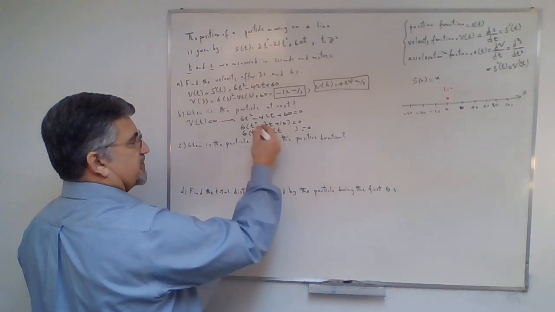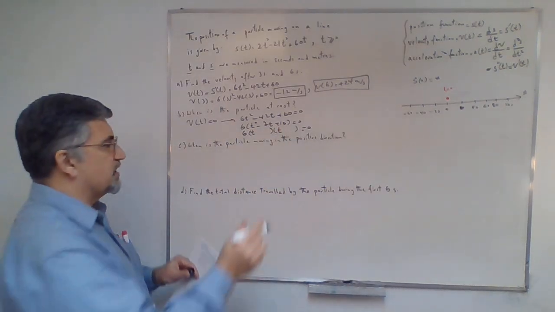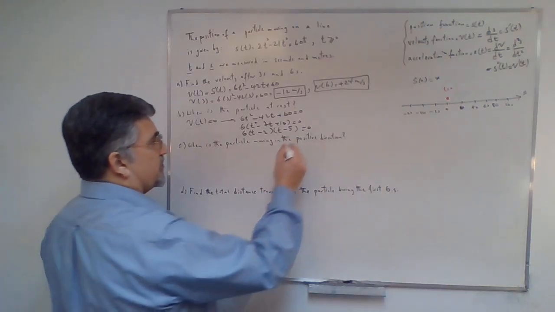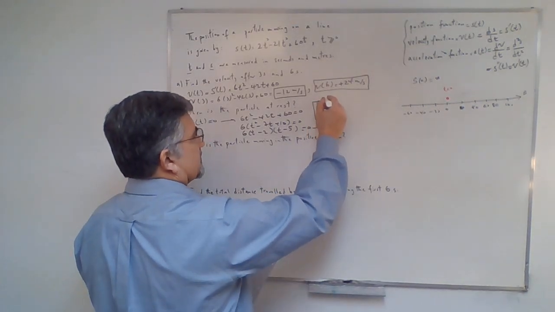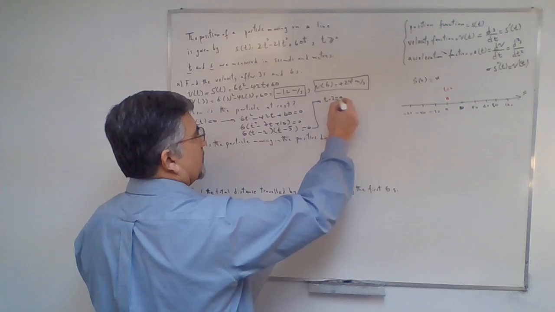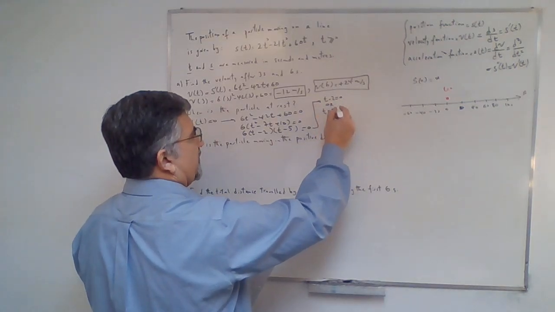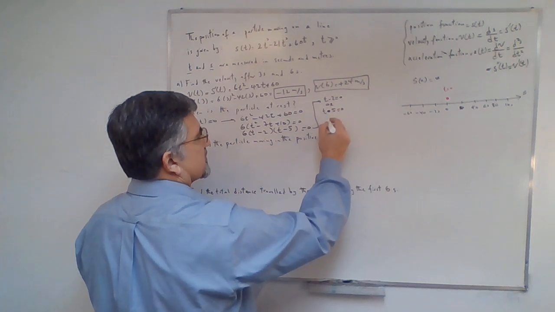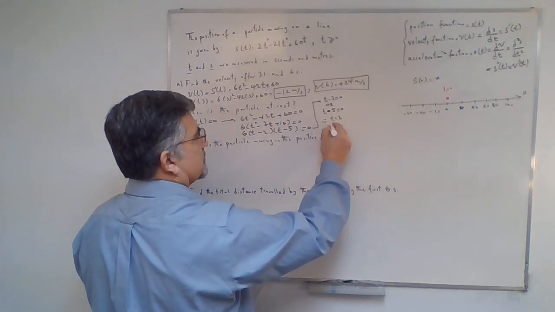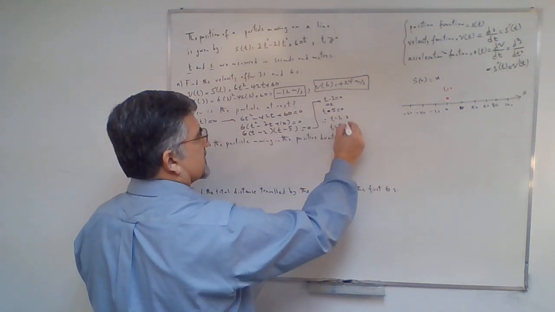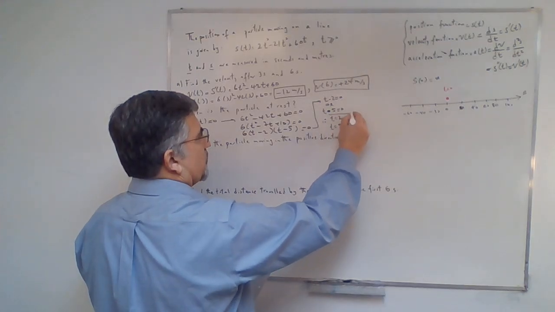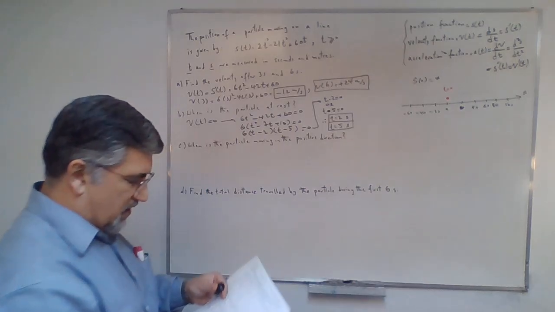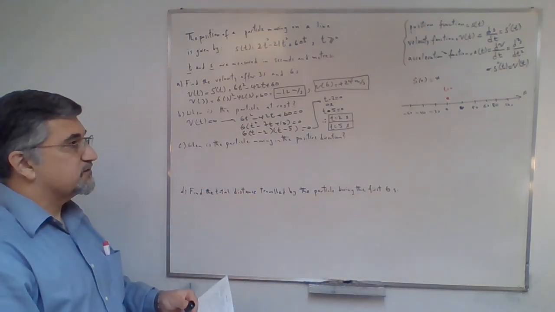Two numbers that add up to -7 with the product of 10 would be -2 and -5. From here, I can conclude that t minus 2 is 0 or t minus 5 equals 0. Therefore, t equals 2 and t equals 5 seconds. So at t equals 2 seconds and at t equals 5 seconds, the particle was at rest.